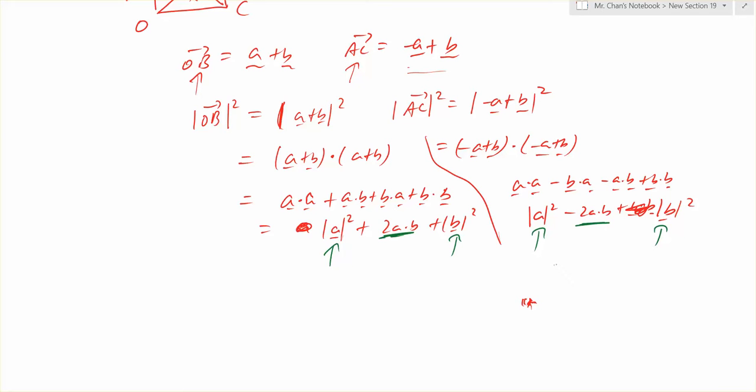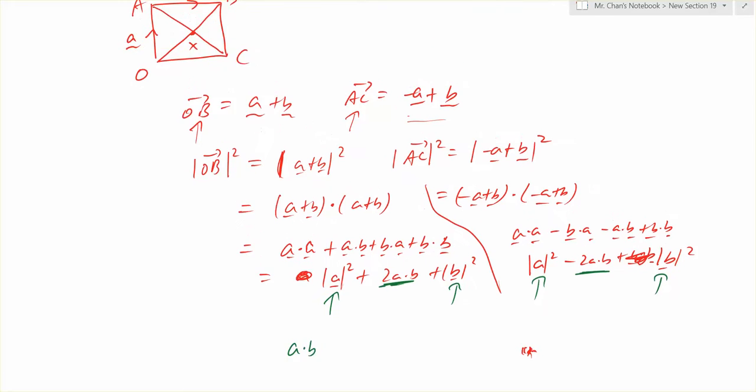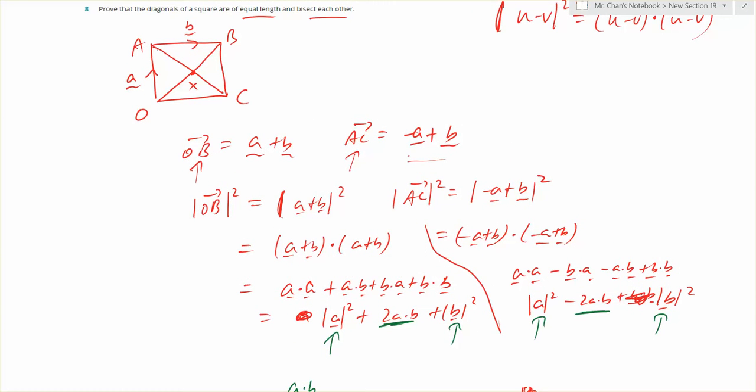The reason they're equal is, what is A dot B? A dot B is equal to the magnitude of A times the magnitude of B times cos theta. Now we know this is a square, so A dot B happens to be 0 because they're perpendicular to each other.